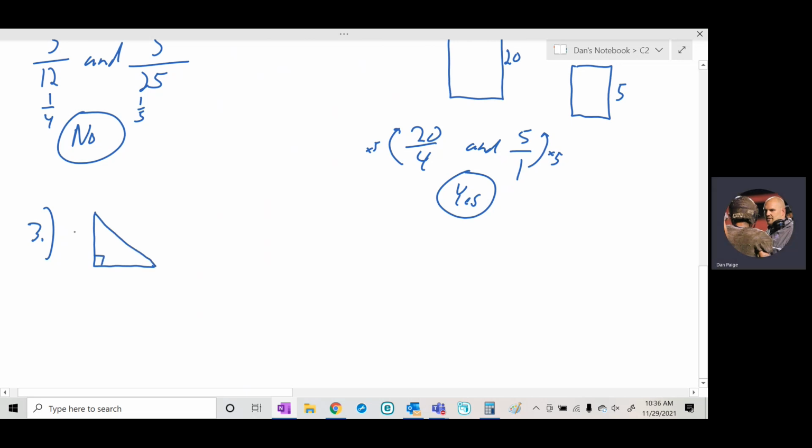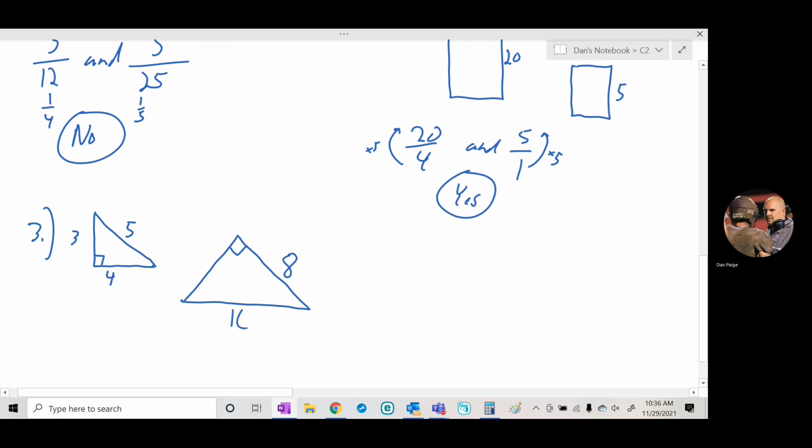And then this one's going to be 3, 4, and 5. Now, watch this other right triangle. We're going to draw it like this. So the right angle, it's like twisted a little bit. And then this is going to be 8 and 10. And we'll do all of them, 6, 8, and 10.